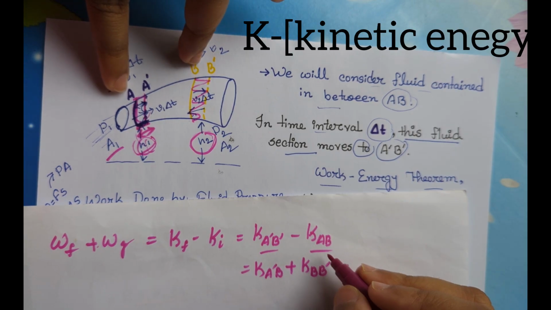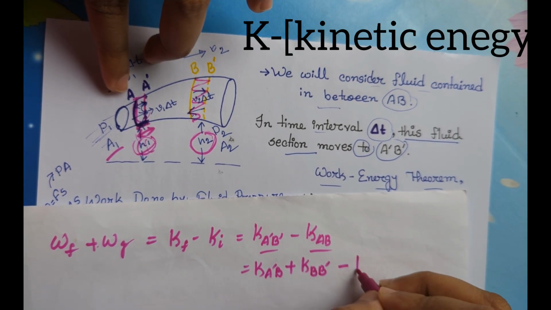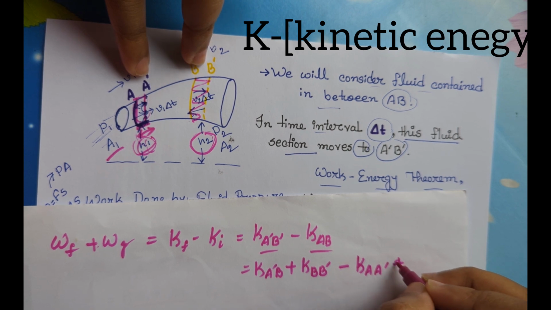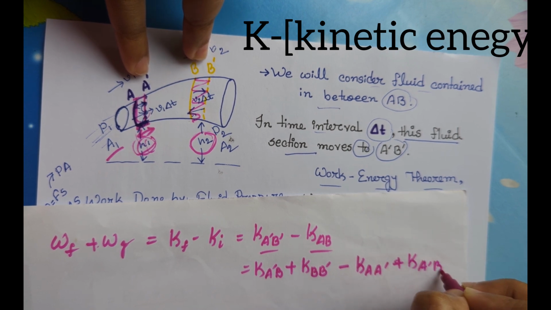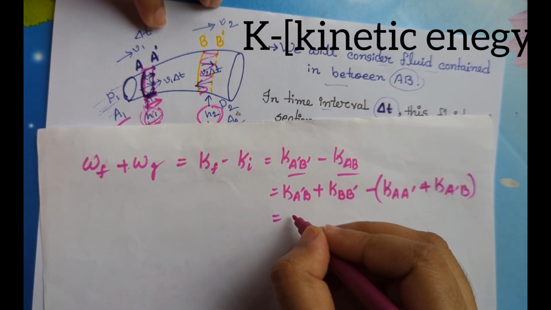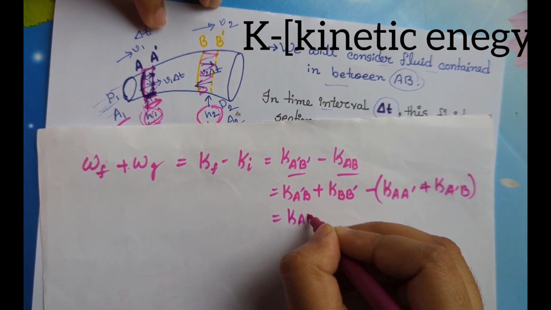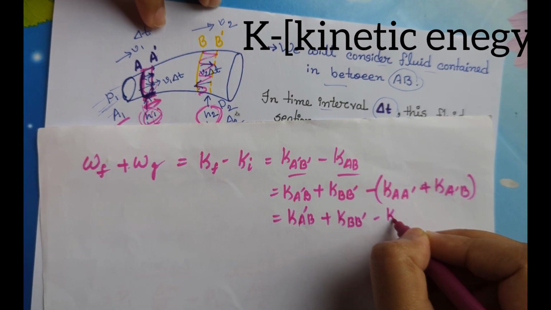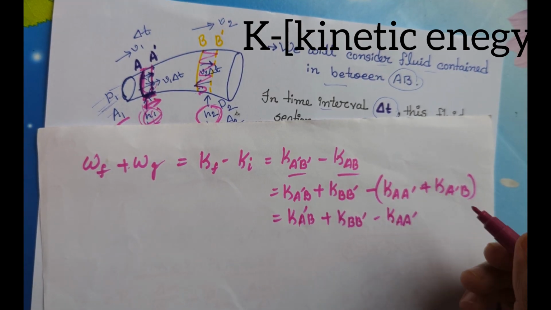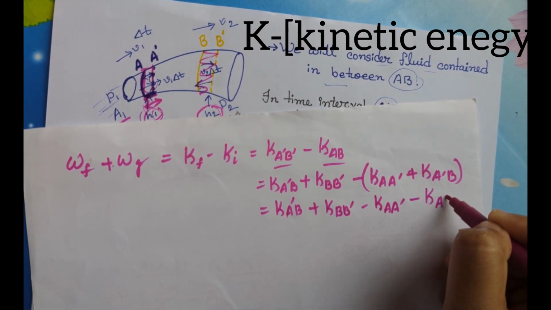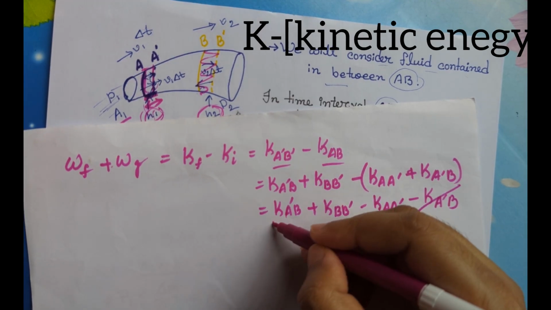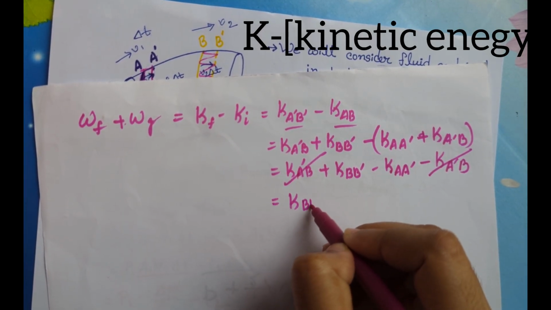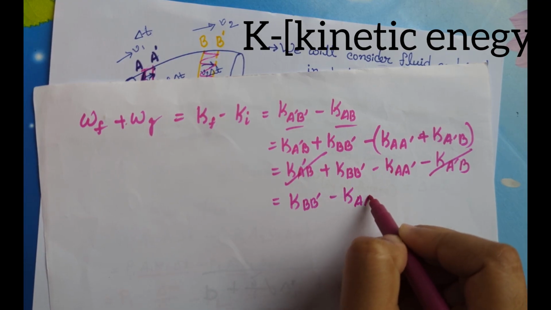If we break this down, we can write potential energy of A A prime plus potential energy of A prime B. If we remove the bracket, we get A prime B plus potential energy of B prime minus potential energy of A prime minus potential energy of A prime B. So these two A prime B terms will be cancelled out, and our final result will be potential energy of B prime minus potential energy of A prime.